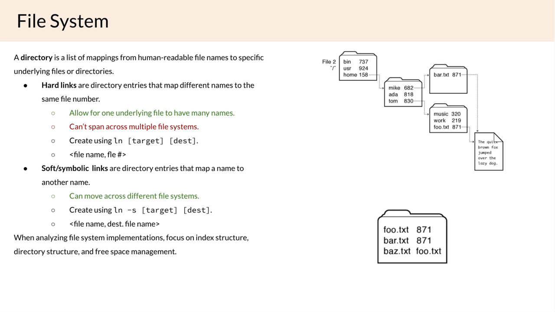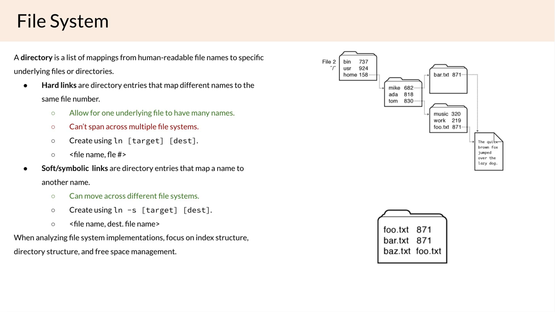And so on Unix-based systems, you can make two different types of links. Hard links are directory entries that map a file name to a file number. And soft links map a file name to another file name. So a normal directory entry is essentially a hard link where you have a file name and a file number, whereas with a soft link, that entry is a file name and a destination file name.